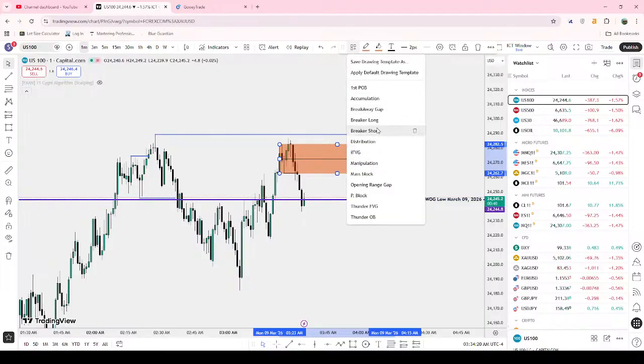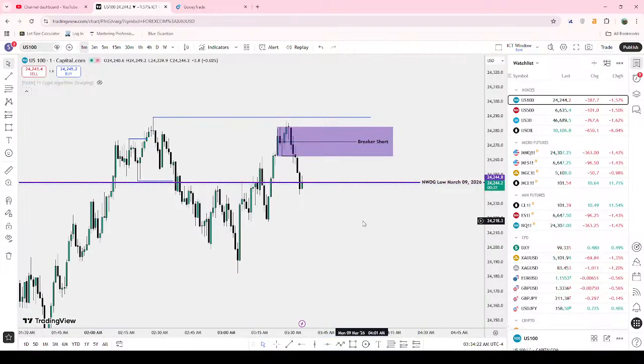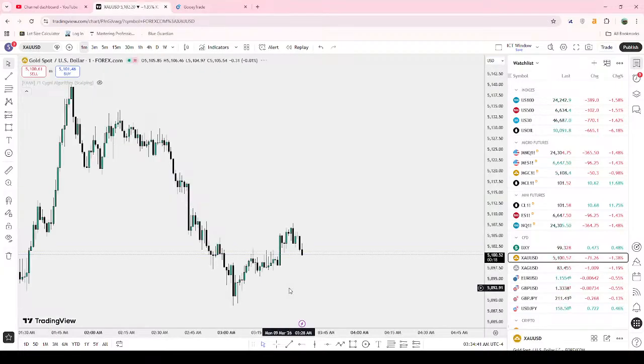A breaker short. Let the market come back up, and we will look for buys. So once the market has come down, then we will look for longs on the gold.